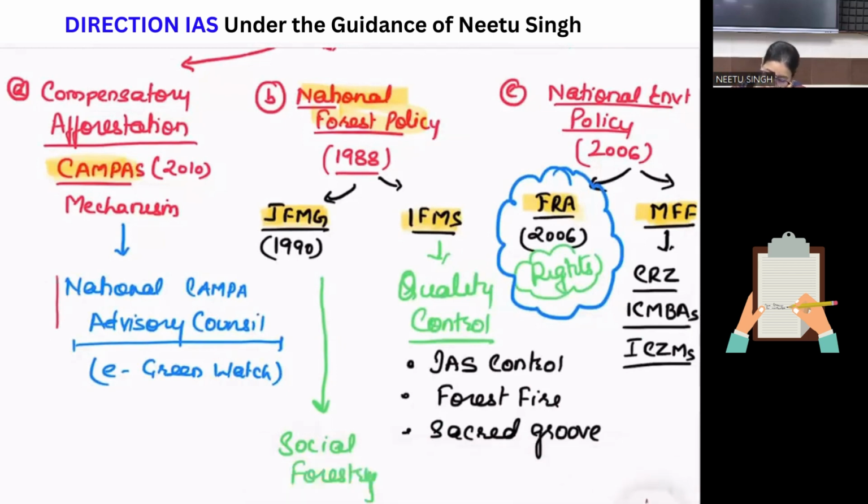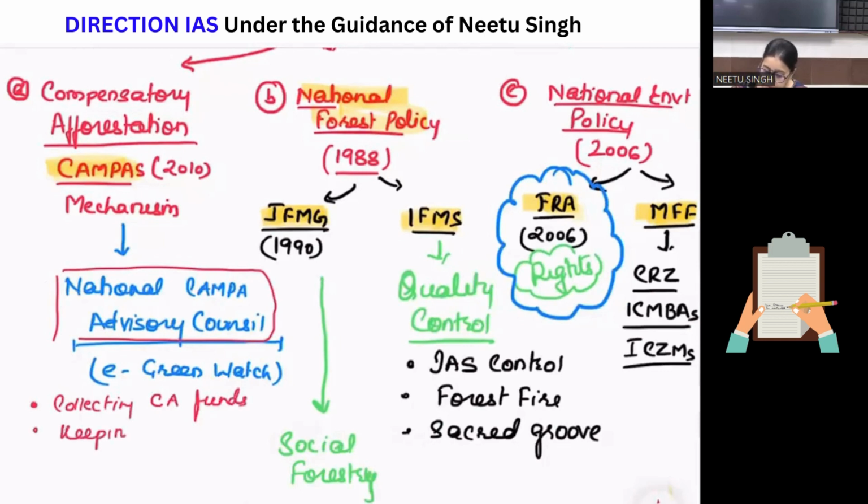The National CAMPA Advisory Council has responsibilities: one, collecting the compensatory afforestation funds, two, keeping it outside the Consolidated Fund of India, in the name of the state CAMPA.